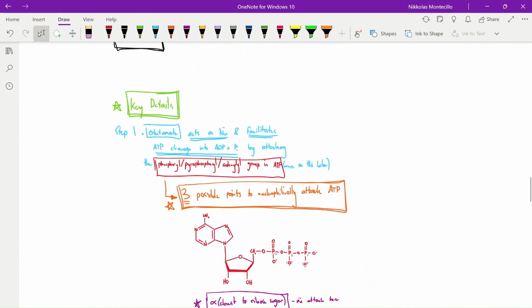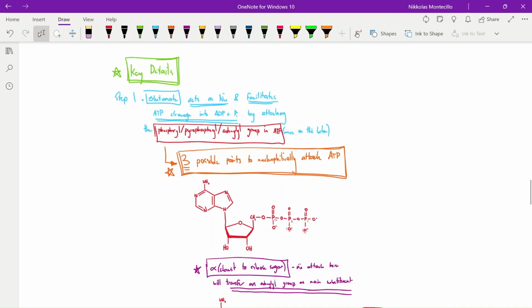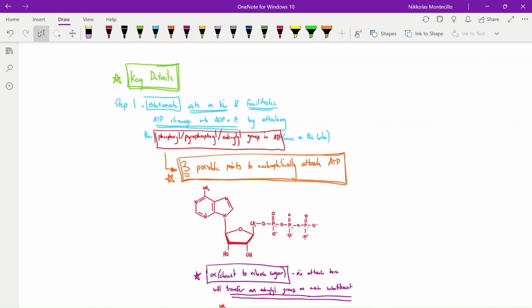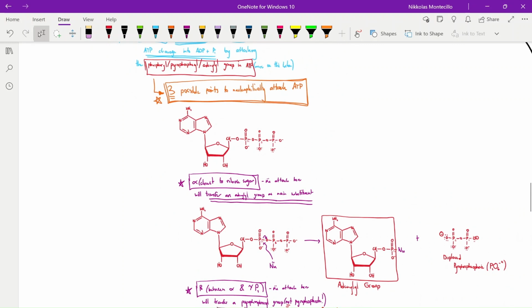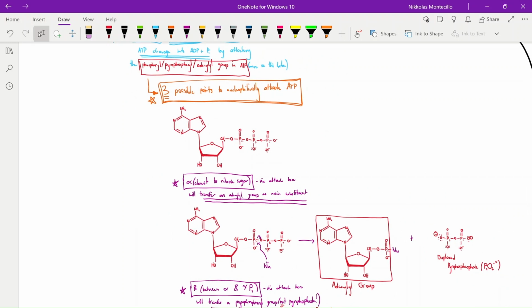So step 1, glutamate acts as a nucleophile. It facilitates ATP cleavage into ADP plus inorganic phosphate by attacking the phosphoryl or pyrophosphoryl or adenylyl group in ATP. So there's 3 possible points to nucleophilically attack ATP. The alpha one is the closest.